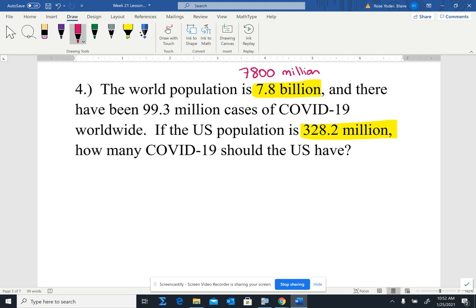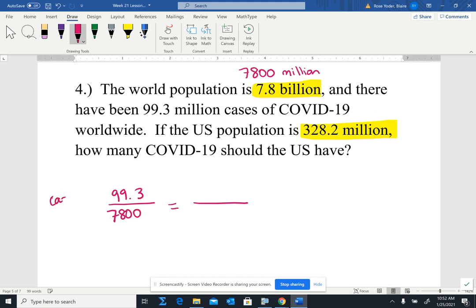So the key thing with these proportions is there's a bunch of different ways to set them up. You just need to make sure that you're consistent. I'm going to make one fraction about COVID cases in the world. So I'm going to say there's 99.3 million cases in the world out of my 7,800 million people.